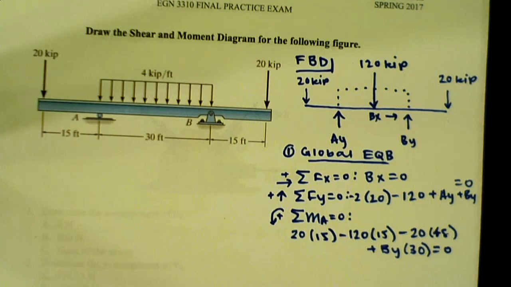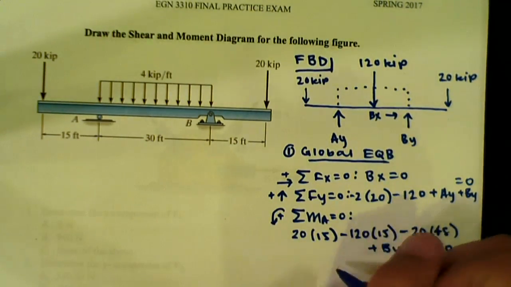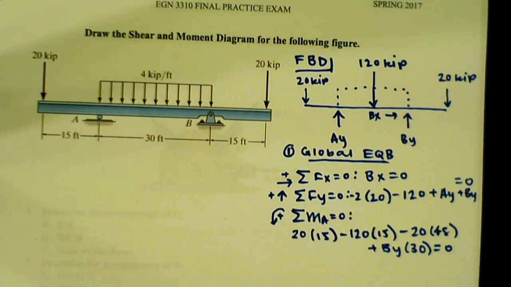I look crazy, but I enjoy it. My little trick: if you pretend like, okay, I'm AY, and I have my arms out, the 20 kip force on the left is pushing my left arm downwards, so it's pushing my arms in a counterclockwise way. If you look at the 20 kip on the right side, it's pushing my arms clockwise.